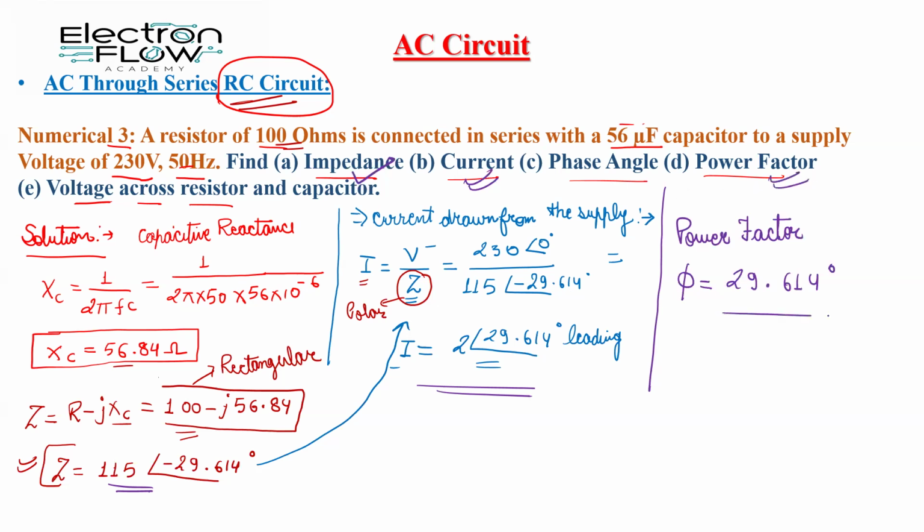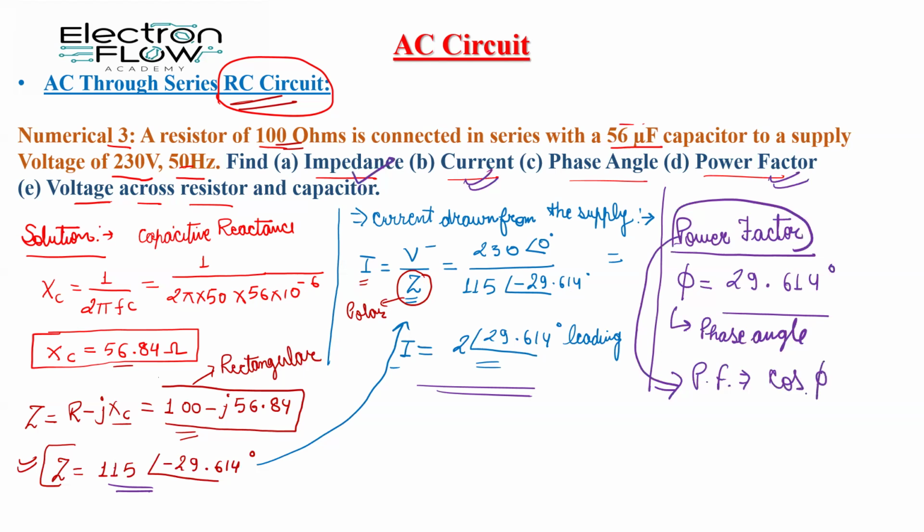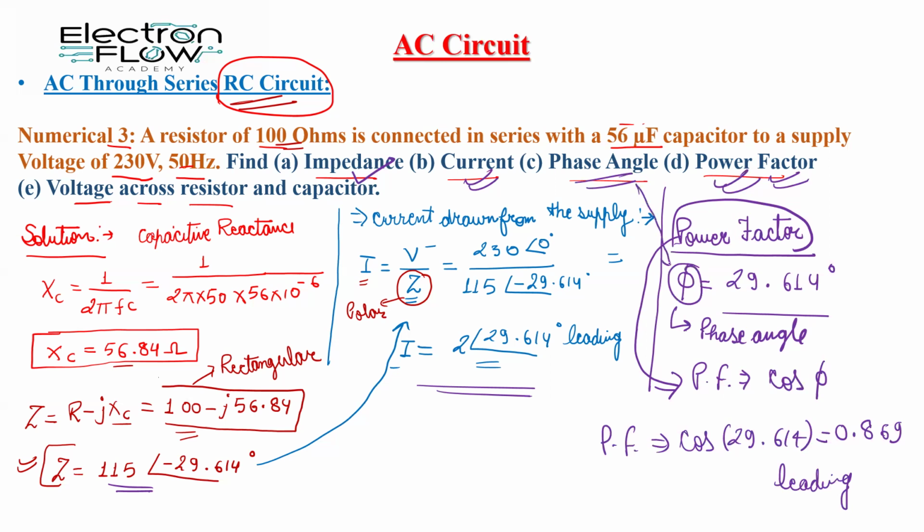The power factor is equal to cos of phi, so cos of 29.614, which means the value of the power factor is equal to 0.869, leading. So we have calculated the power factor, and phi is our phase angle, meaning the phase angle difference between the voltage and current.